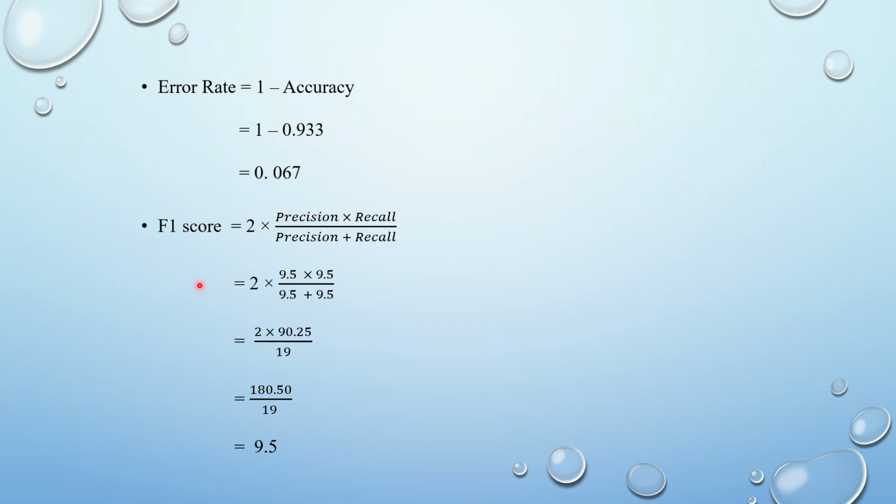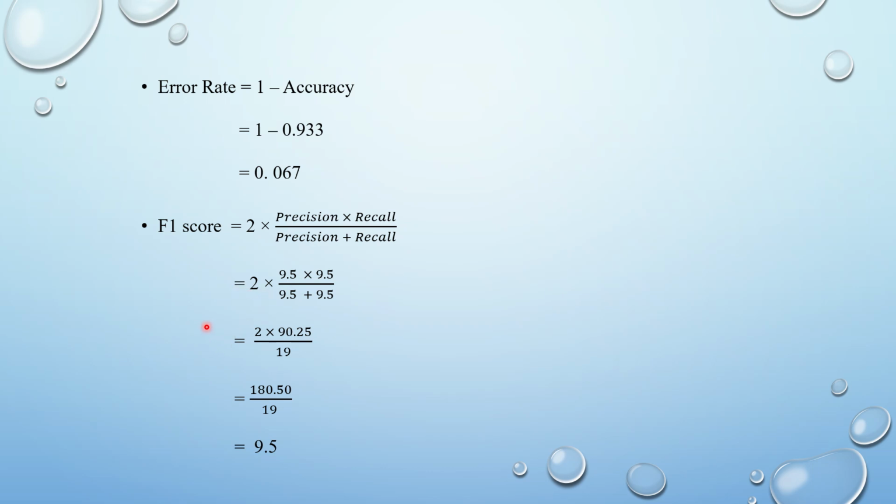2 times 9.5 times 9.5 divided by 9.5 plus 9.5 is equal to 2 times, 9.5 times 9.5 is 90.25, and 9.5 plus 9.5 is 19.